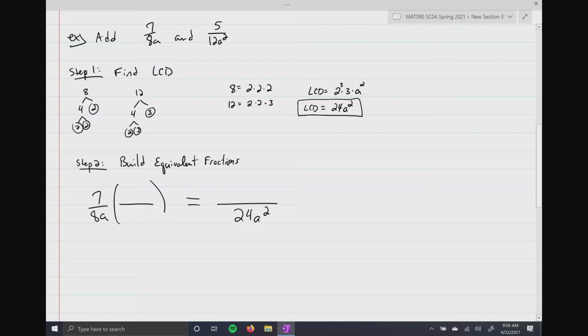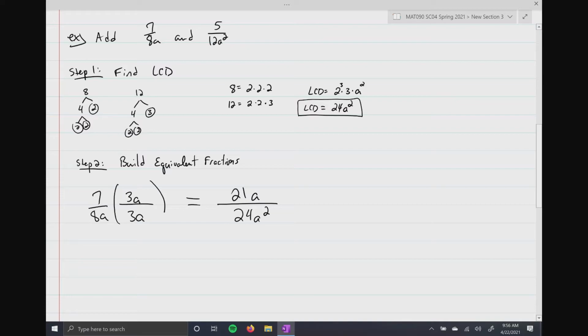So what am I going to multiply by? Well, 8 times 3 is 24, and a times a is a squared. So I'm going to multiply the denominator by 3a, which means I need to multiply the numerator by 3a as well. So my first equivalent fraction is 21a over 24a squared. Does that make sense, everyone?